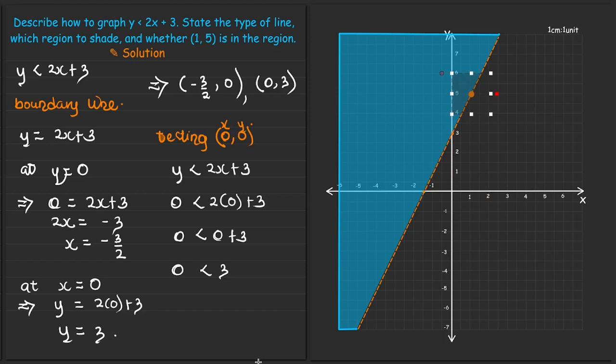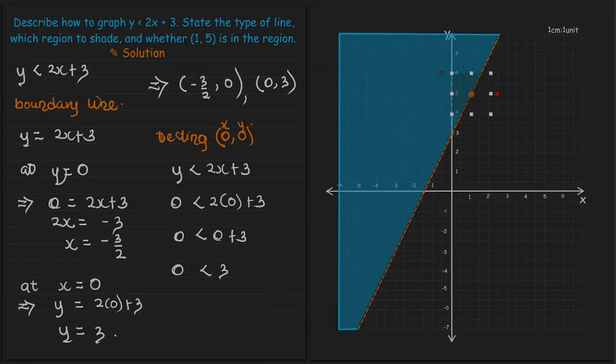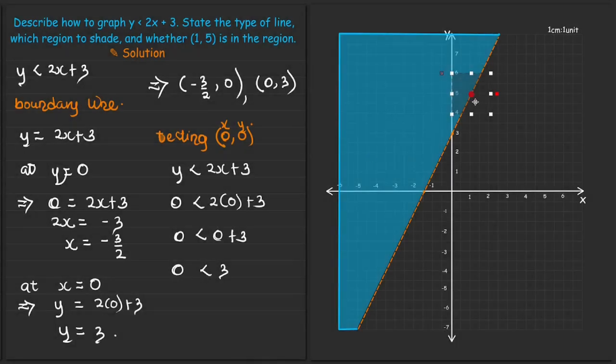Now looking at the point, where do we have it? You realize that it is right on our line. If the point is right on the line, because it is an inequality of this sign, it is not part of our solution, because we don't have the or equal to.